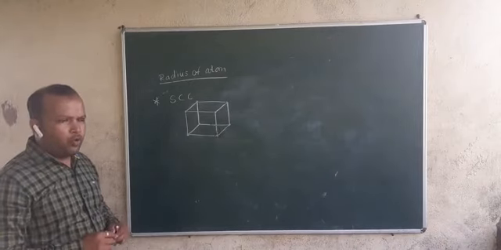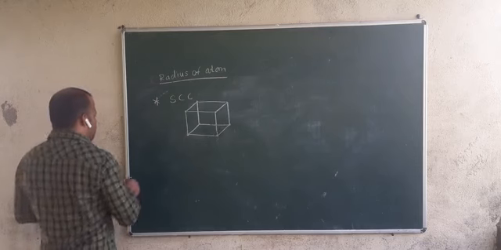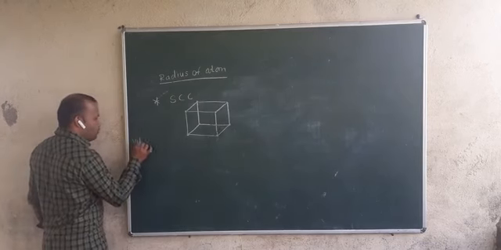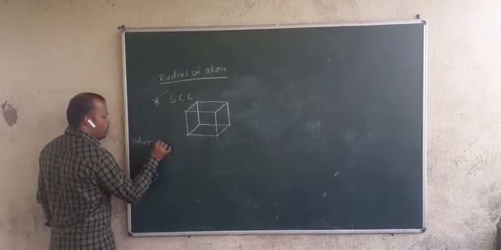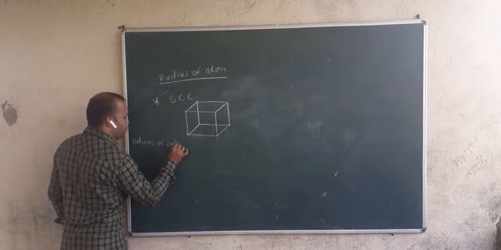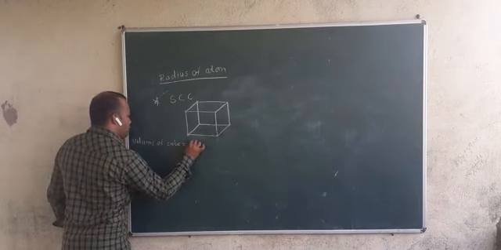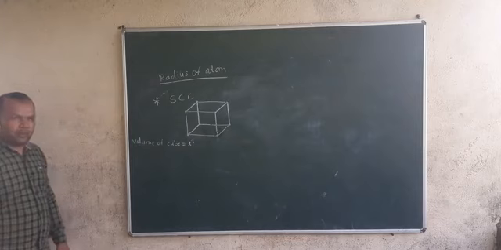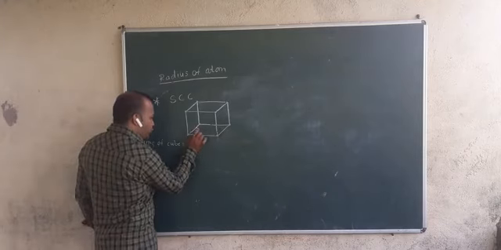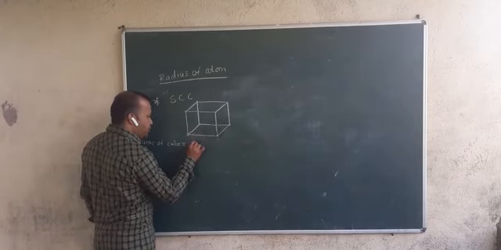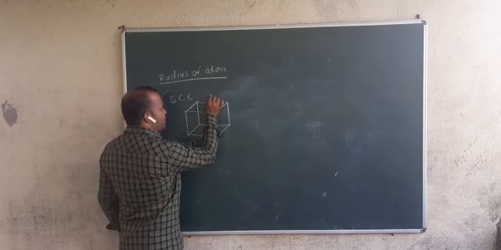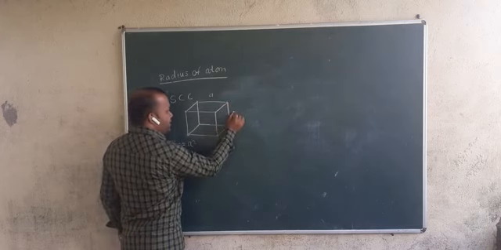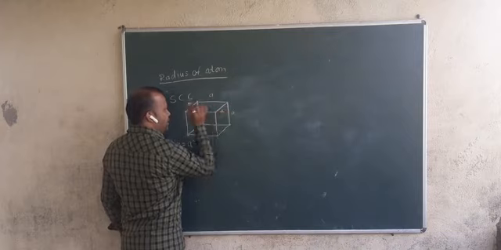And as you know, volume of cube is L cube. But here we are going to use notation A. So this is A cube. So this distance is A, this height is A, and this width is A.